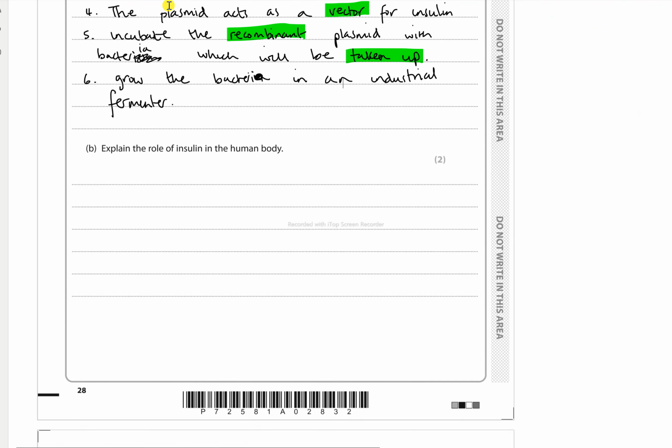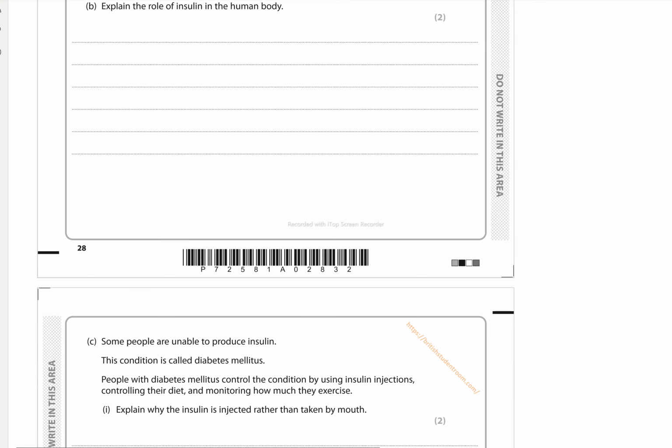Right. 2 marker. What's the role of insulin?